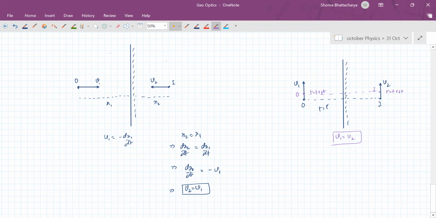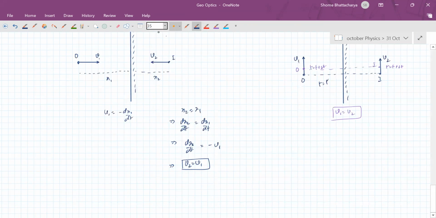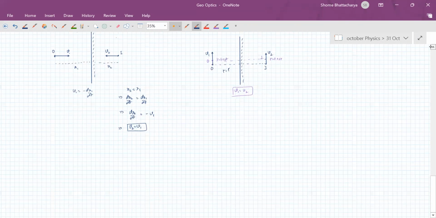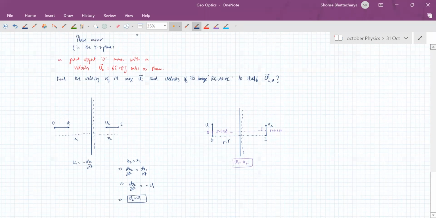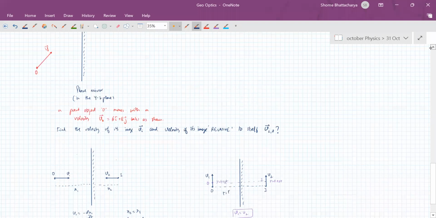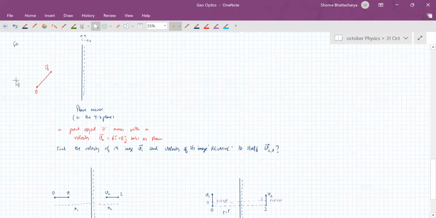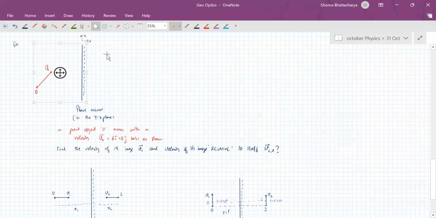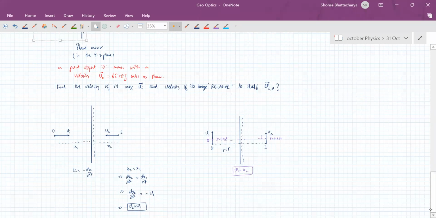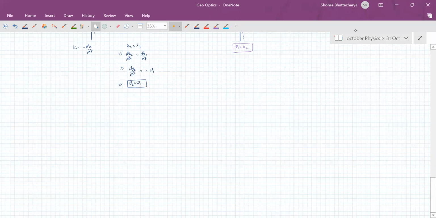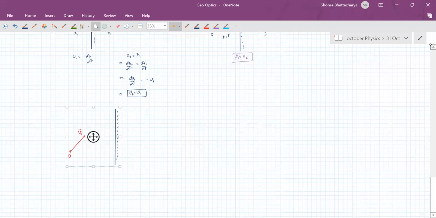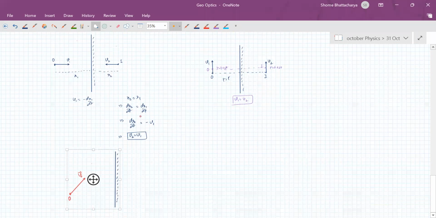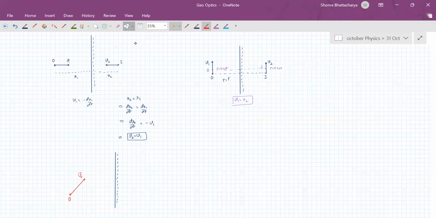So putting together these two things, you can see that in the above case, in this kind of a situation, Sir, v2 will be equal to minus of v1 now in the first case?